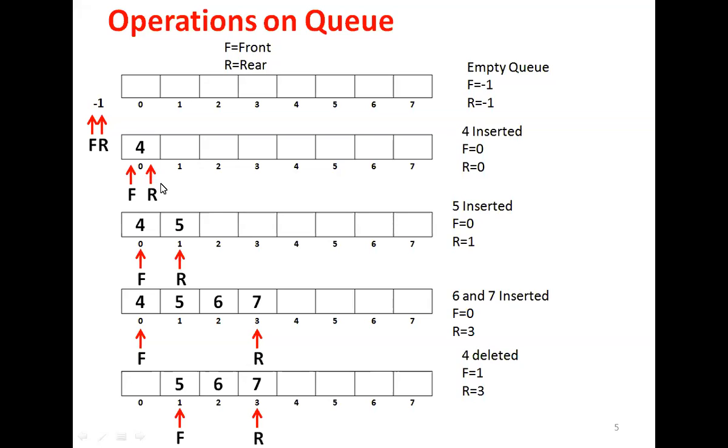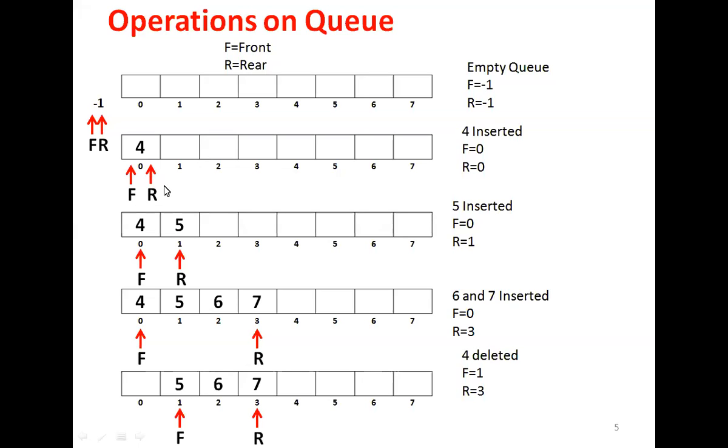Now after this, if you want to insert some more data items, the same thing you have to apply. You have to increment rear by 1, and then you insert the new data item, but the front will not be incremented now.